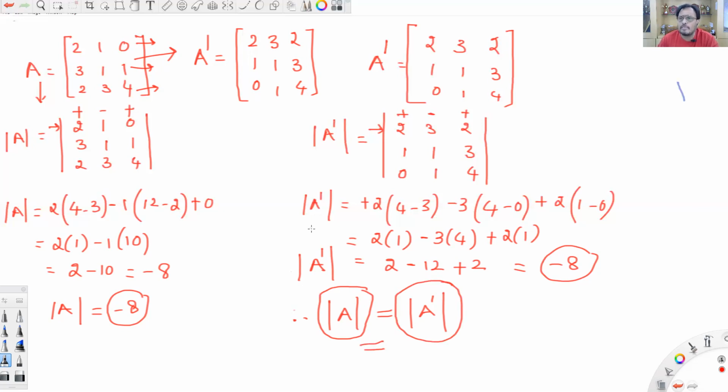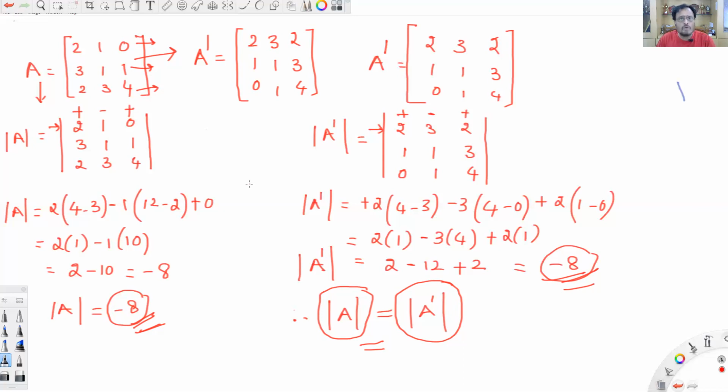The first property is exactly this. What is the first property? It says that the value of the determinant is not altered if, in any determinant, the rows and columns are interchanged.